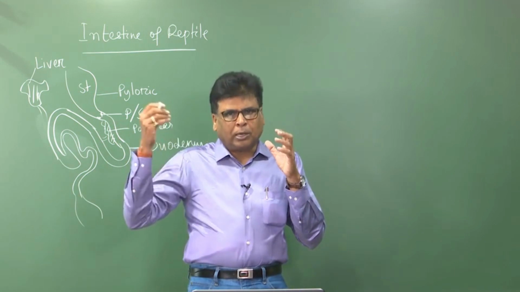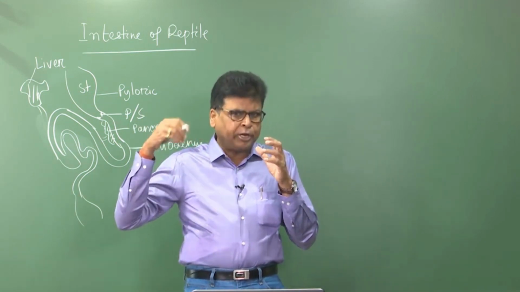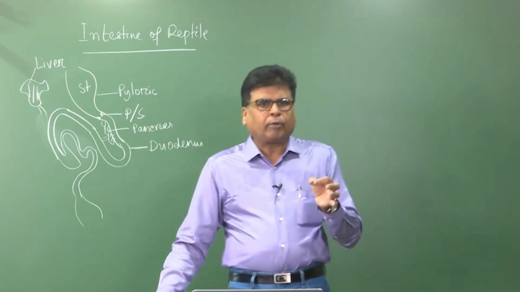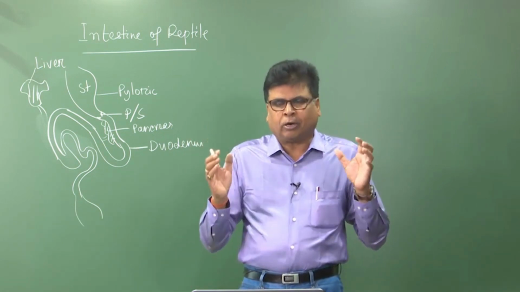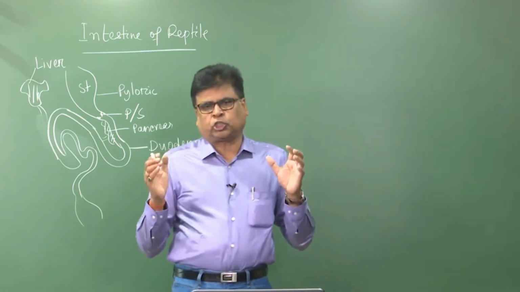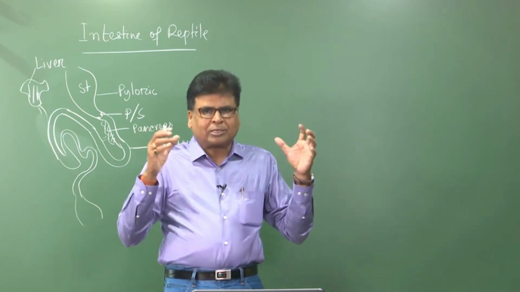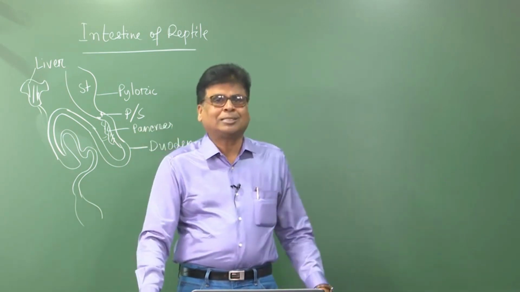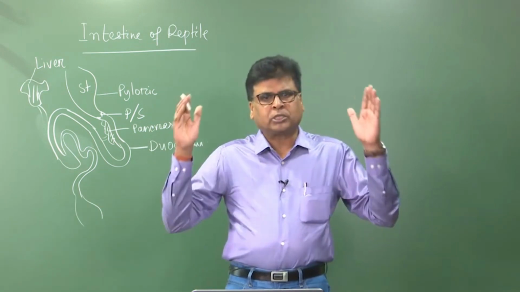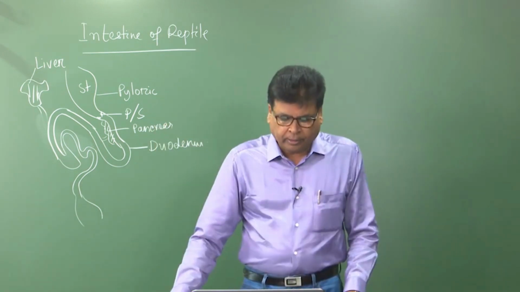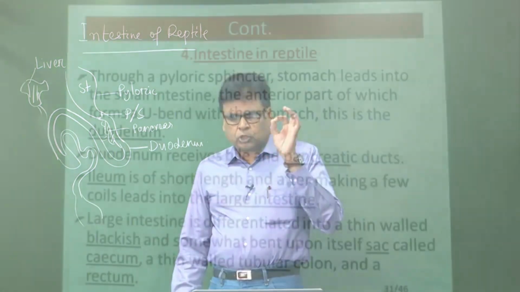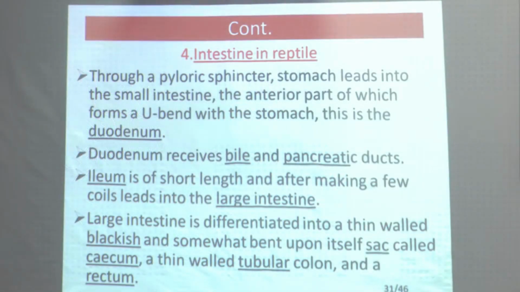The small intestine is small because its diameter is narrower, and the large intestine is large because its diameter is to some extent larger. So, it is a short structure but having a large diameter.